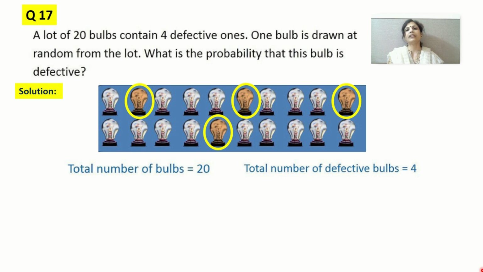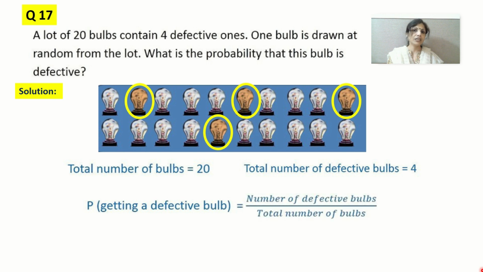So let's make use of the formula that probability of getting a defective bulb is equal to number of defective bulbs in the given lot upon total number of bulbs. Now we have been given that there are 4 defective bulbs. So 4 upon 20. If you reduce it to lower terms, we get the answer as 1 upon 5. And this is the probability of getting a defective bulb.